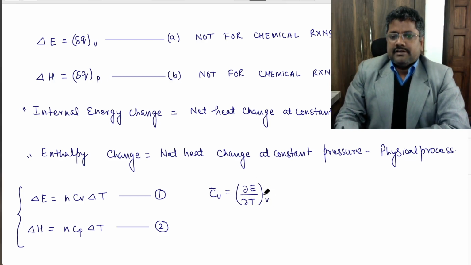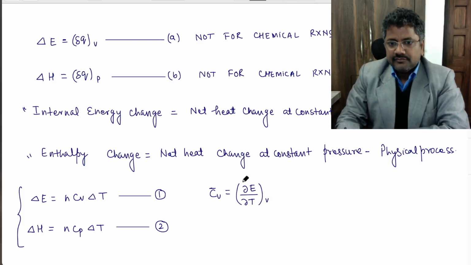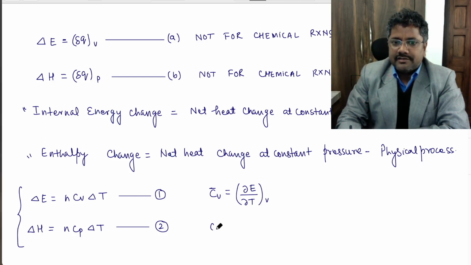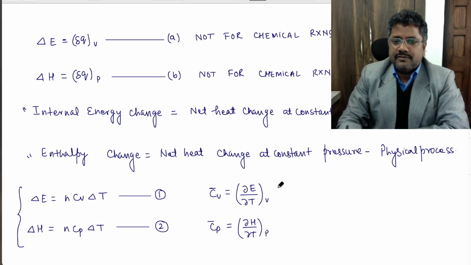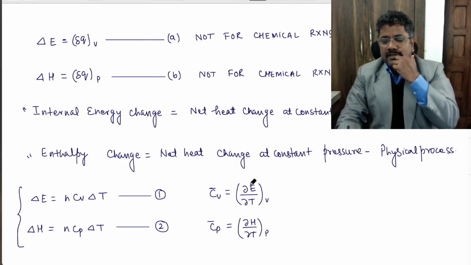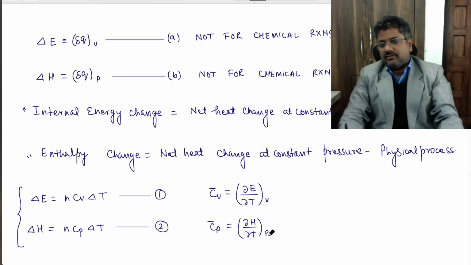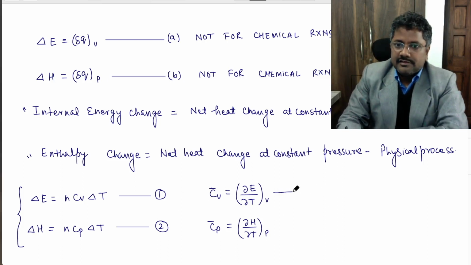See, whatever I have stated here, I have represented here, and similarly Cp is equal to del H by del T at constant pressure, right? So this formula and this one are the same formulas for 1 mole. I have written this for 1 mole. So Cv is equal to this and Cp is equal to this, right? This is equation 3 and equation 4, right?